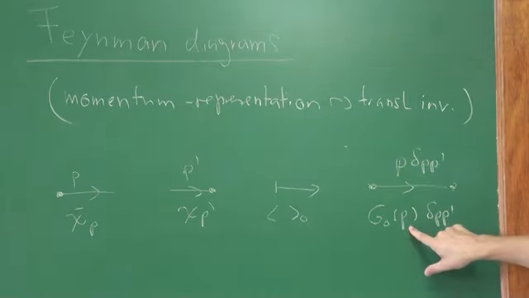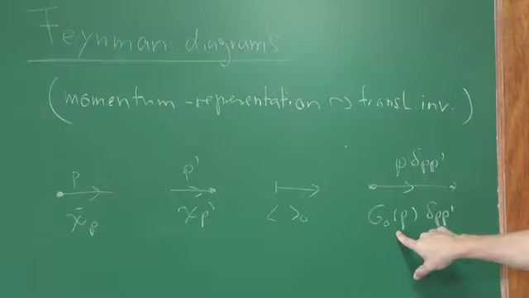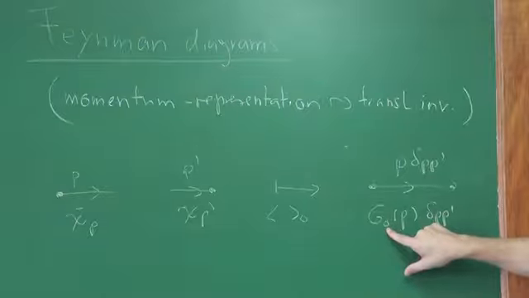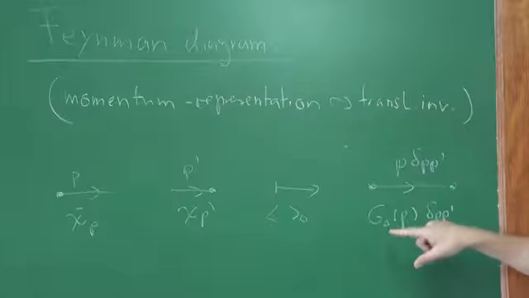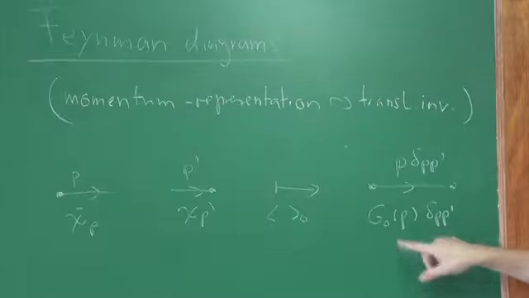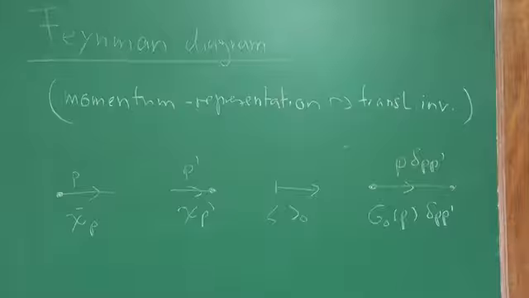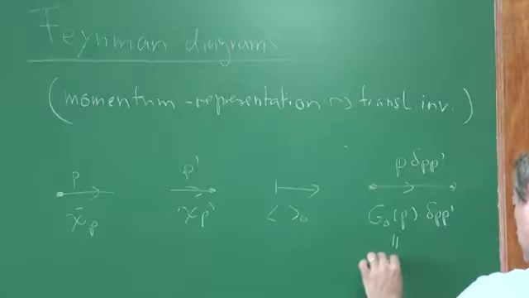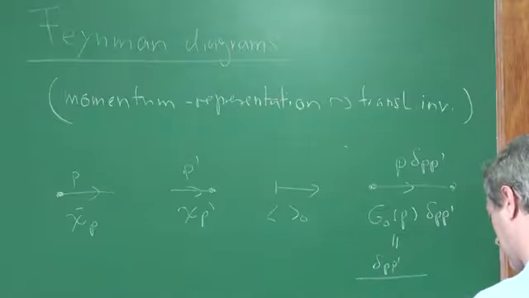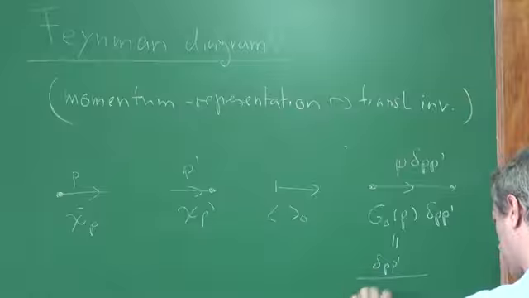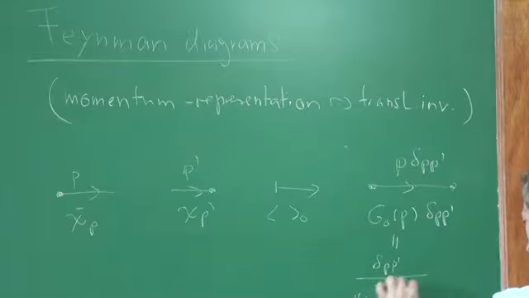For example, for the weakly interacting electron gas that we will consider, this free propagator is just given by the Matsubara frequencies minus p squared over 2m, I mean the dispersion relation, and the chemical potential. So in the cases that we will study later on, this will be just given by i omega n plus mu minus p squared over 2m, and here the Kronecker delta p equals p prime.